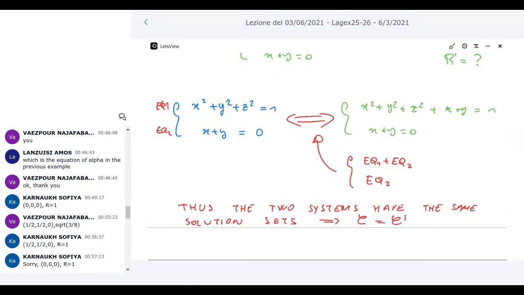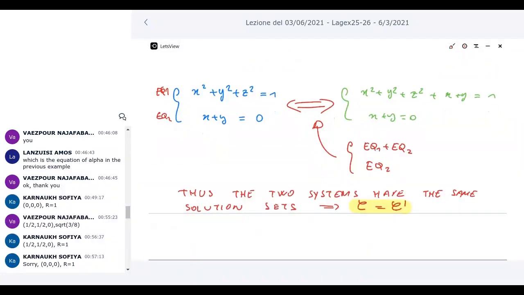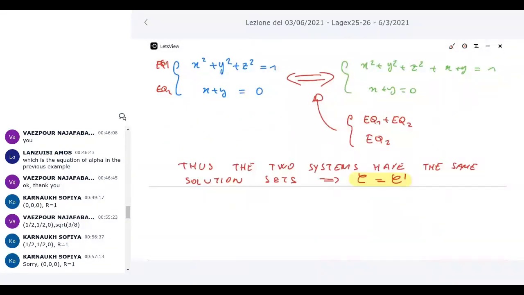So the two circles are equal. Being equal, they must have the same center and the same radius, right? So hence, C prime is equal to C, equal to the origin, and R prime is equal to R, equal to 1, because they are equivalent. The systems are equivalent, the solution sets are the same, so you get the same circle.